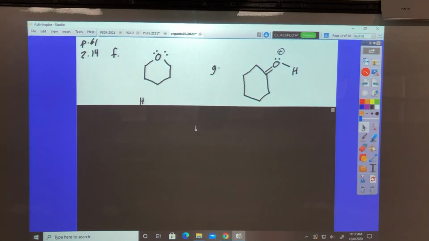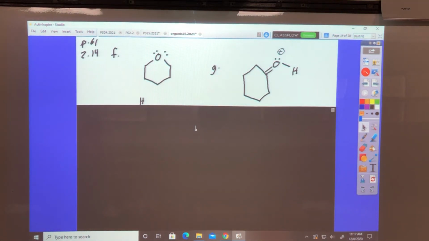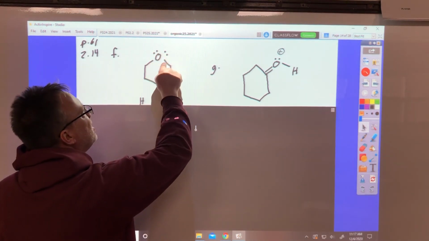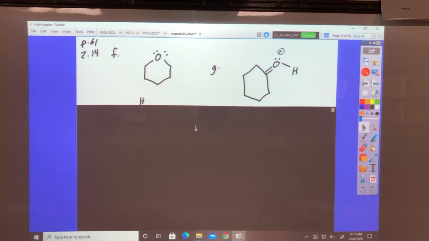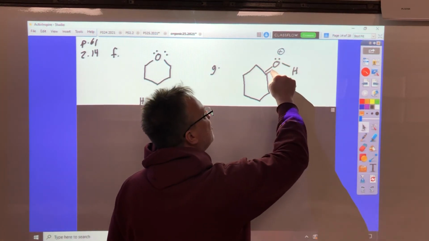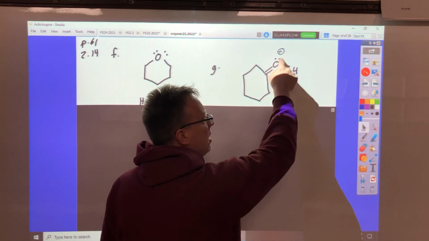For F, no formal charge given. 1, 2, 3, 4, 5, 6, we're good. G has a formal charge for a positive, so that oxygen has 1, 2, 3, 4, 5. That's why it's positive, it needs 1 more.